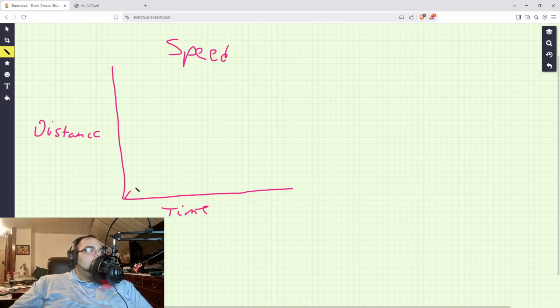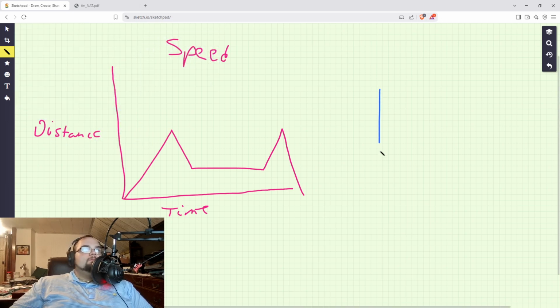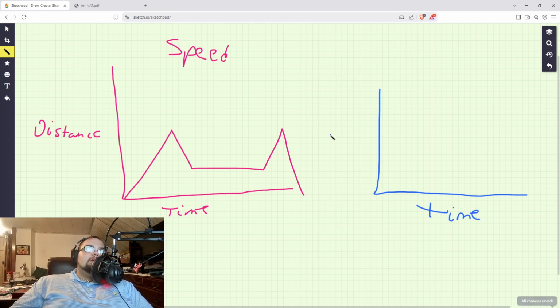And stuff can be going up and going down and staying horizontal, yada, yada, yada. Our acceleration graph is very similar. On the horizontal, or the left-right, we have time. And on the vertical, or the up-down, we don't have distance, but we have speed.